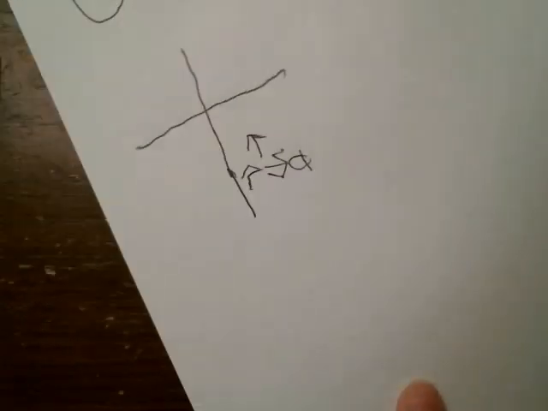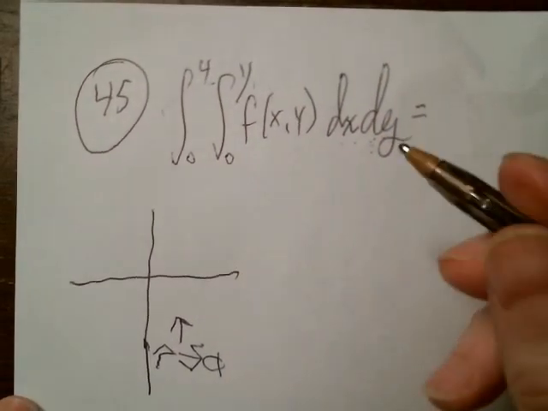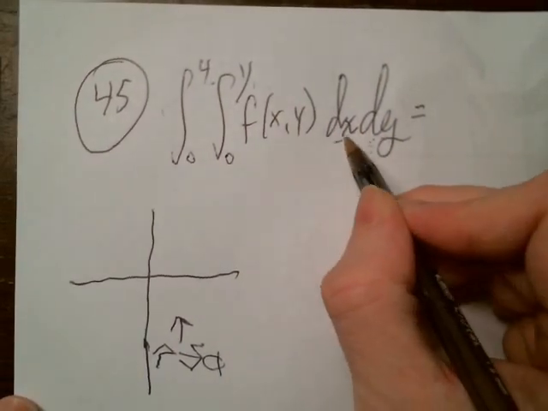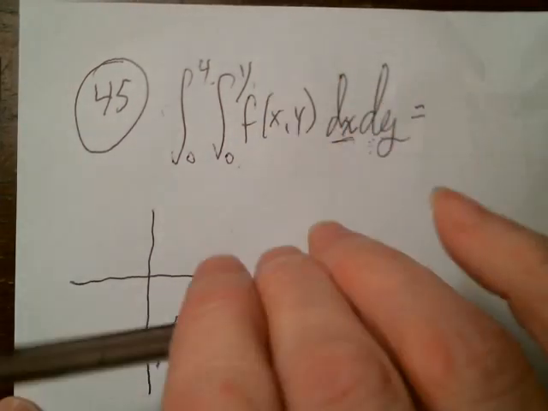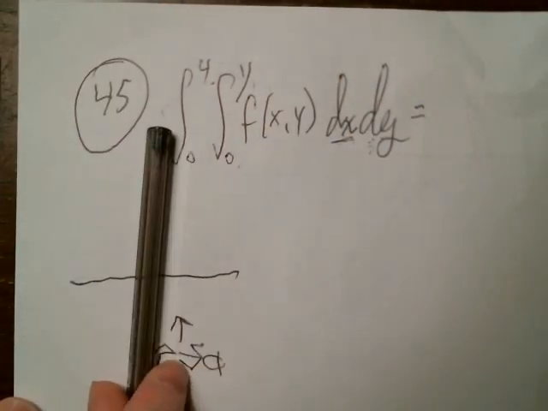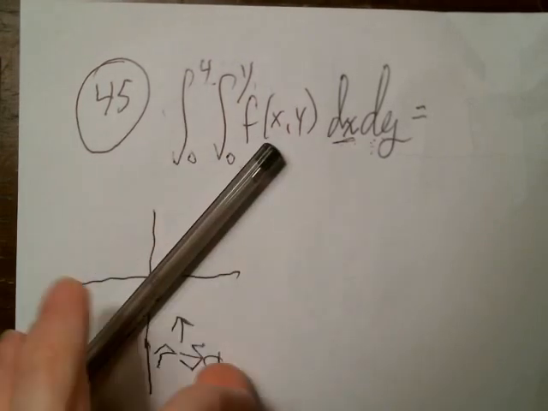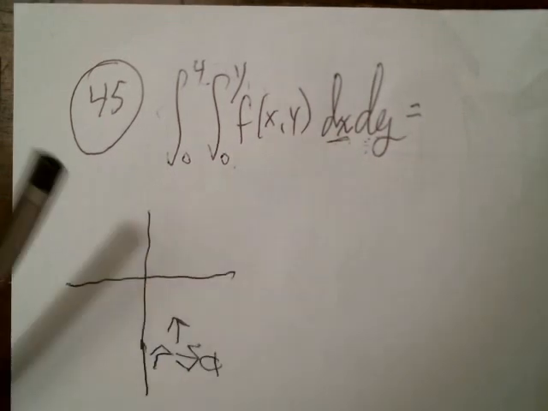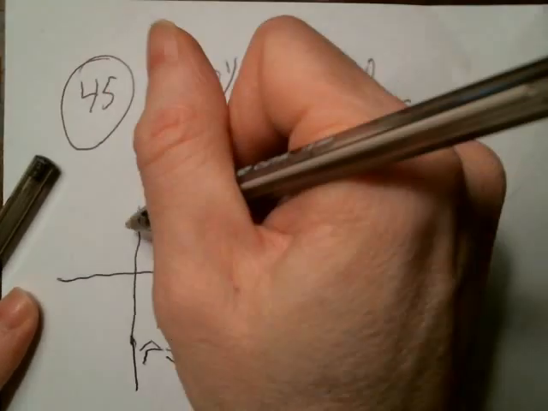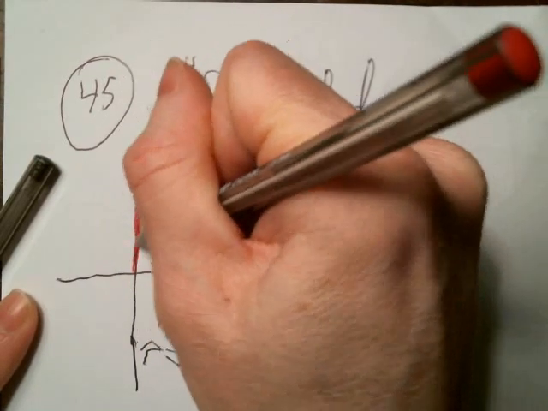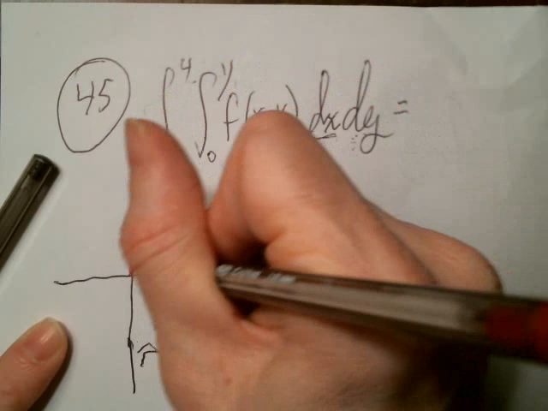Okay, so x equals 0, which is the y-axis, to x equals y, which is the diagonal through the origin. So I'm going from x equals 0, which is this curve here, to x equals y, which is this curve here.